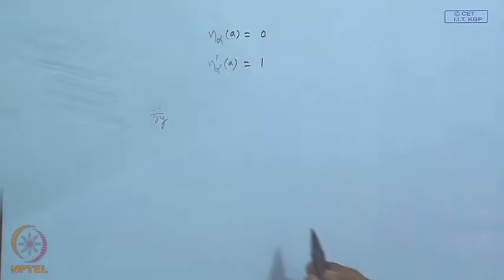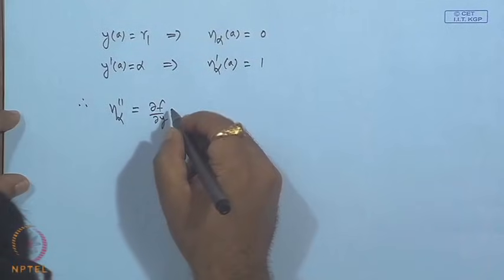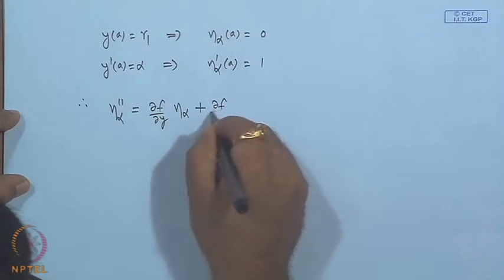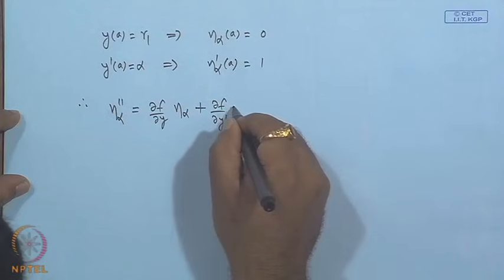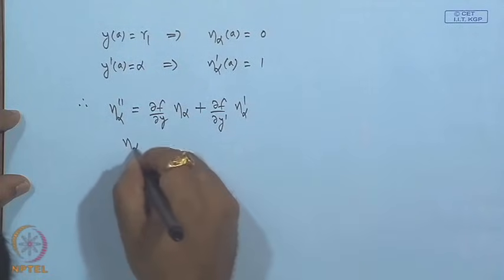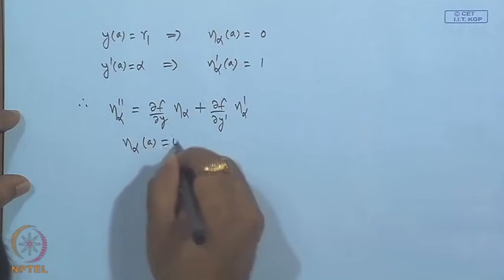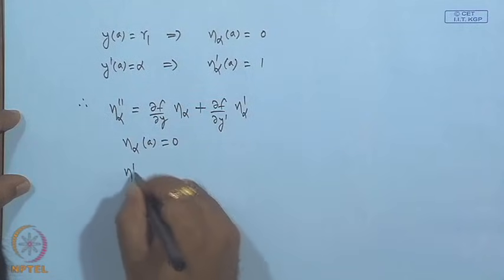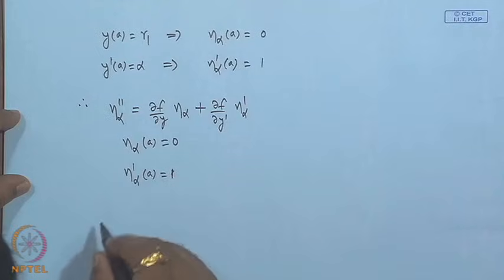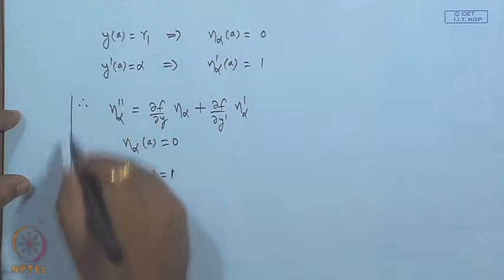With this notation, this becomes eta alpha, and eta alpha at a is 0, and the derivative is one.